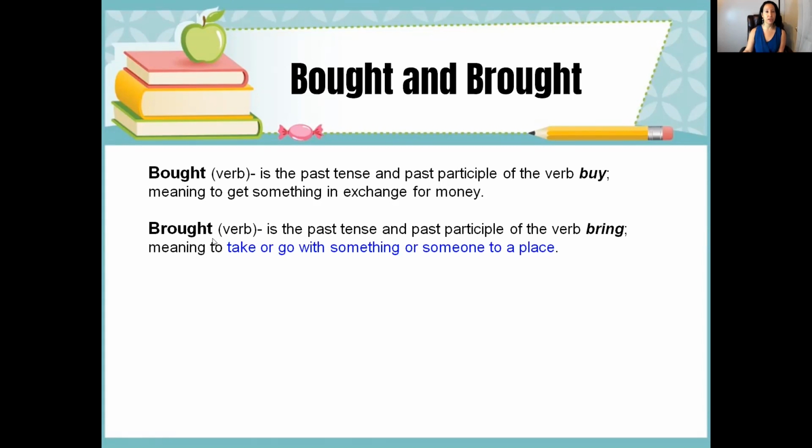So brought is the past tense and the past participle of the verb bring. So it means to take or go with something or someone to a place. Okay, I didn't bring the dog, but I brought my children with me, or I bought. I hope you're not going to buy your children, but people do make mistakes.